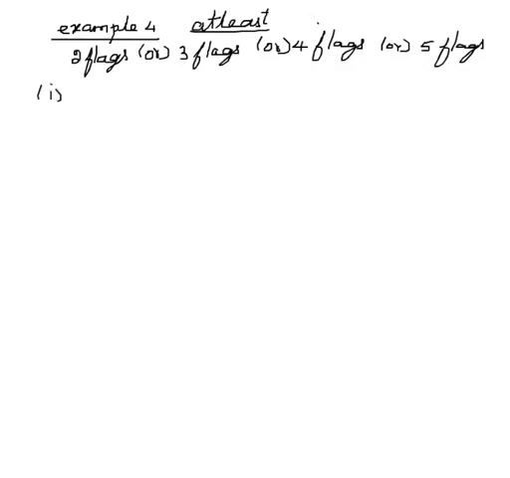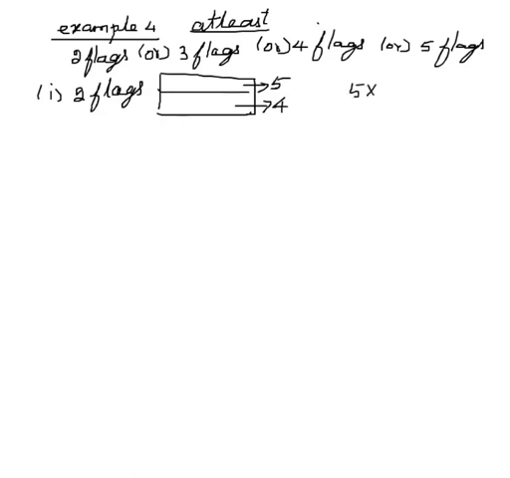Now let us consider the first case, using 2 colors. So the first position can be filled in 5 ways, the second one in 4 ways. Because one color we have used, we will have remaining 4 colors to use in the second position. Therefore, total number of ways is 5 fours are 20.